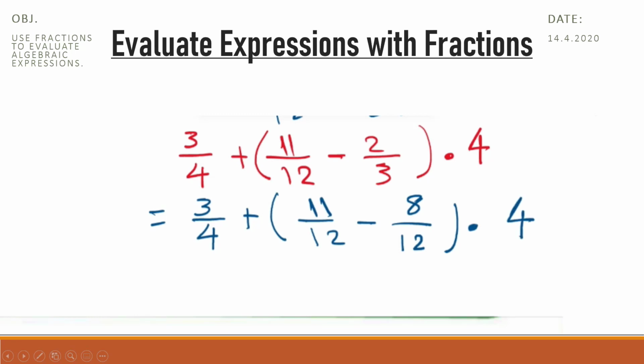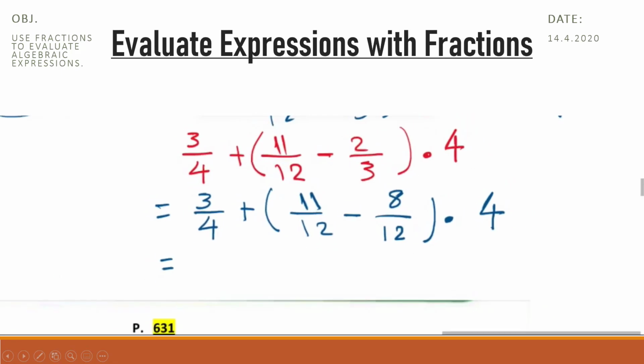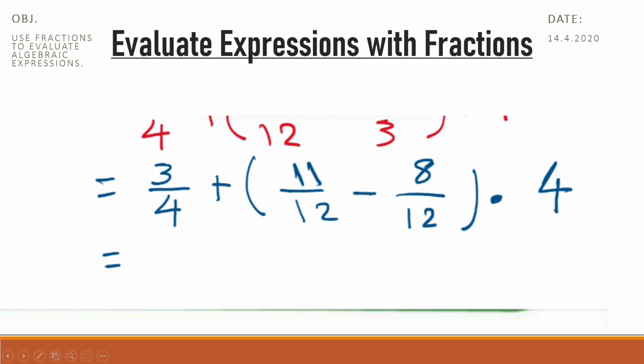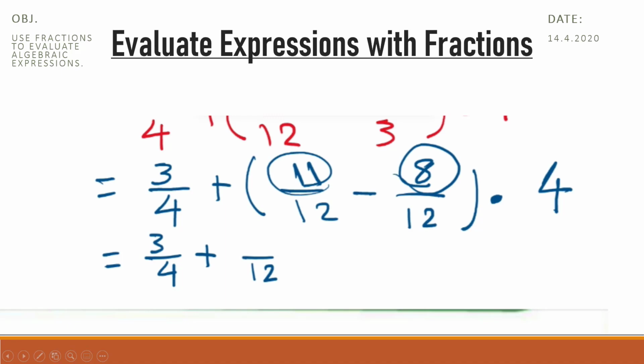Okay, in the second step, we will subtract now. So 3/4 plus, we have the denominator 12, and 11 minus 8. 11 minus 8 is 3.